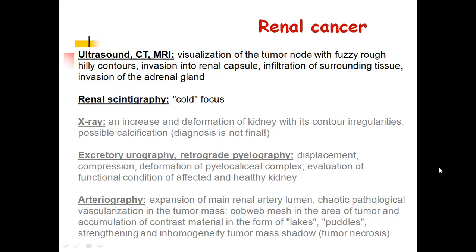Renal scintigraphy will show so-called cold focus or lack of radiopharmaceutical accumulation in affected areas. Everything that you see in light gray colors are additional methods and may be used only in combination, to be proved by main methods such as ultrasound, CT, or MRI, or renal scintigraphy.